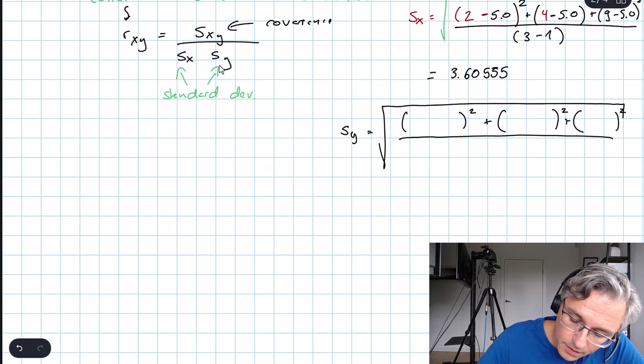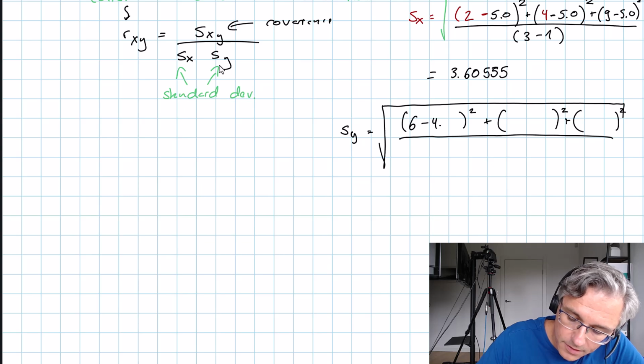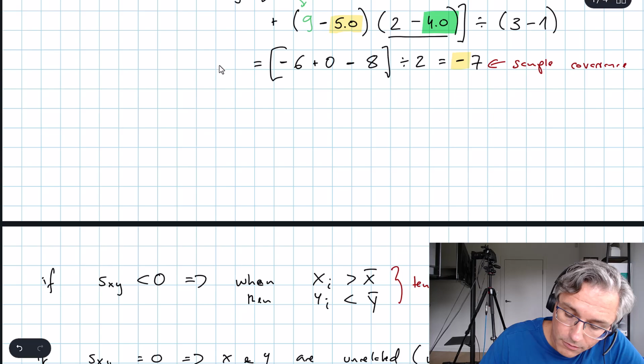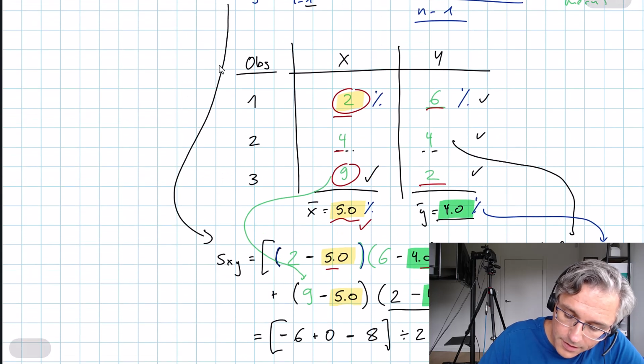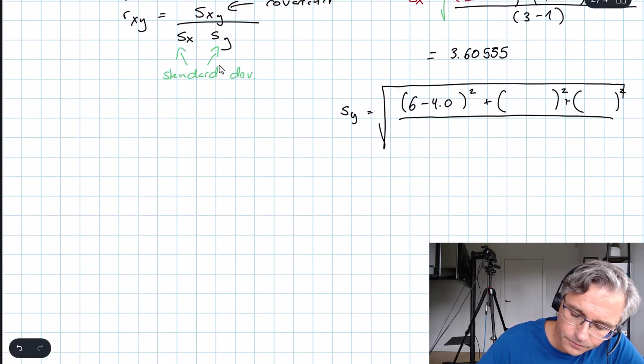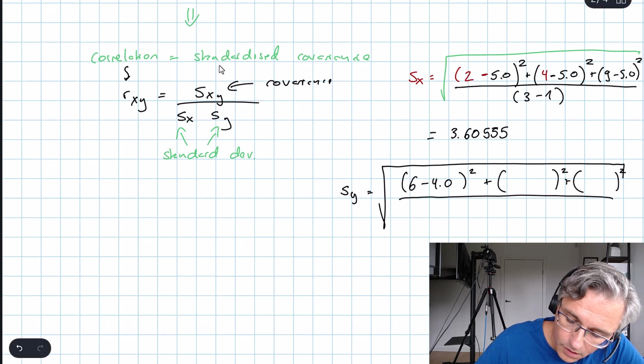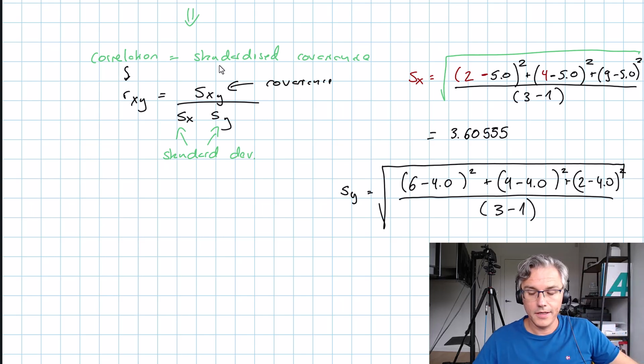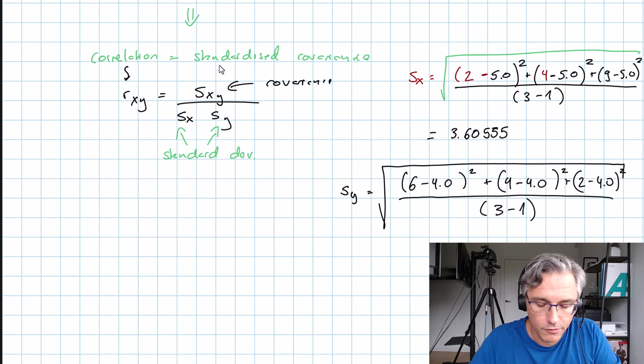So the first value was a 6, the mean is 4, the second value was a 4, and this third value was a 2. 4 minus 4 and 2 minus 4, and we divide by the same 3 minus 1, number of observations minus 1.